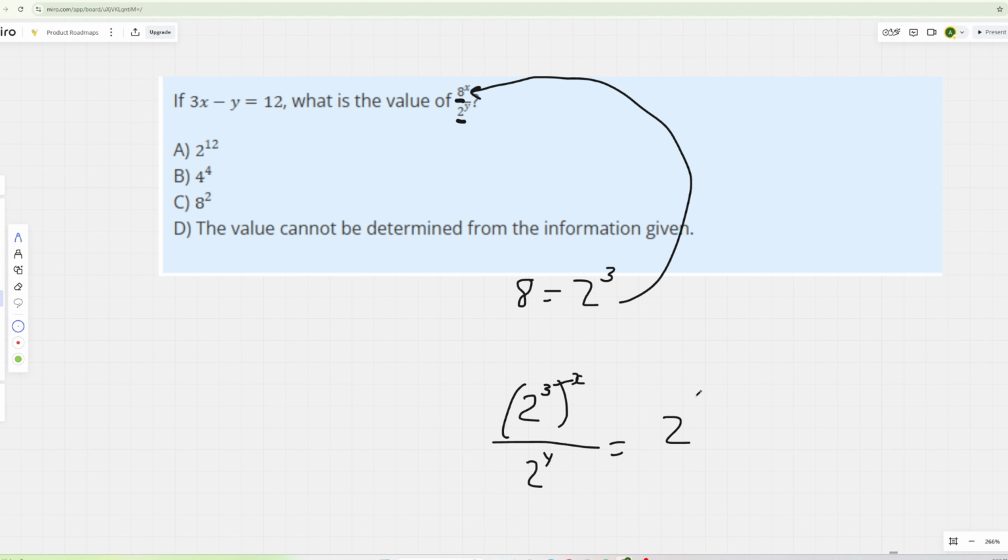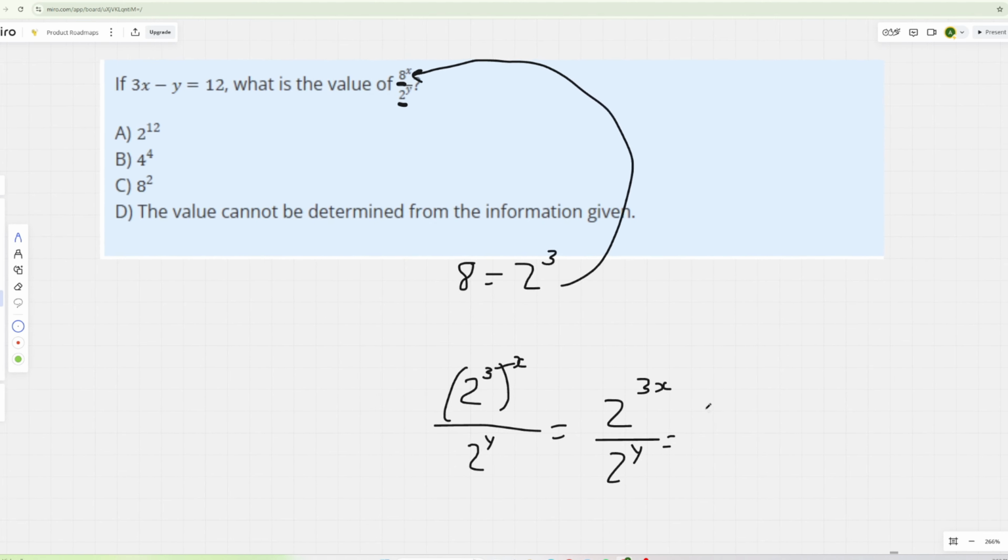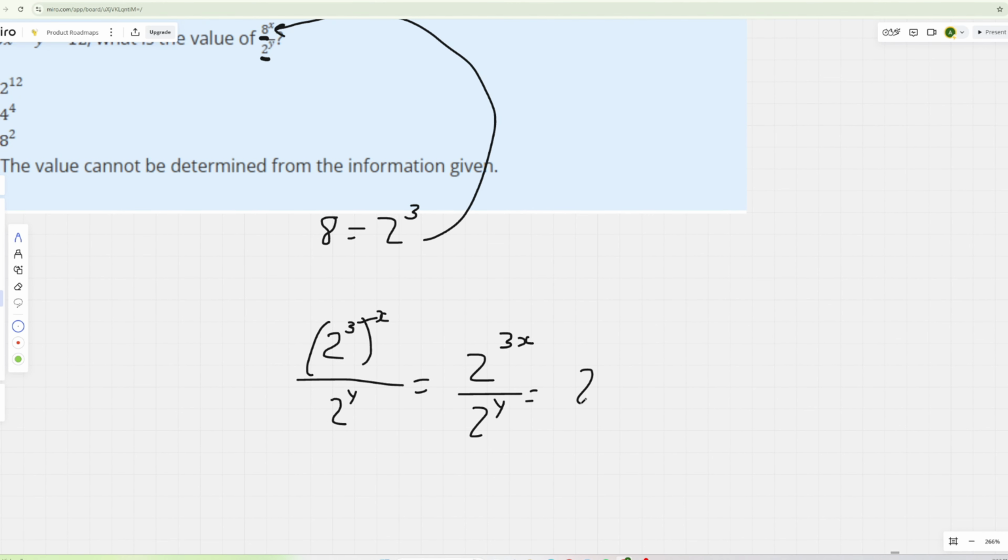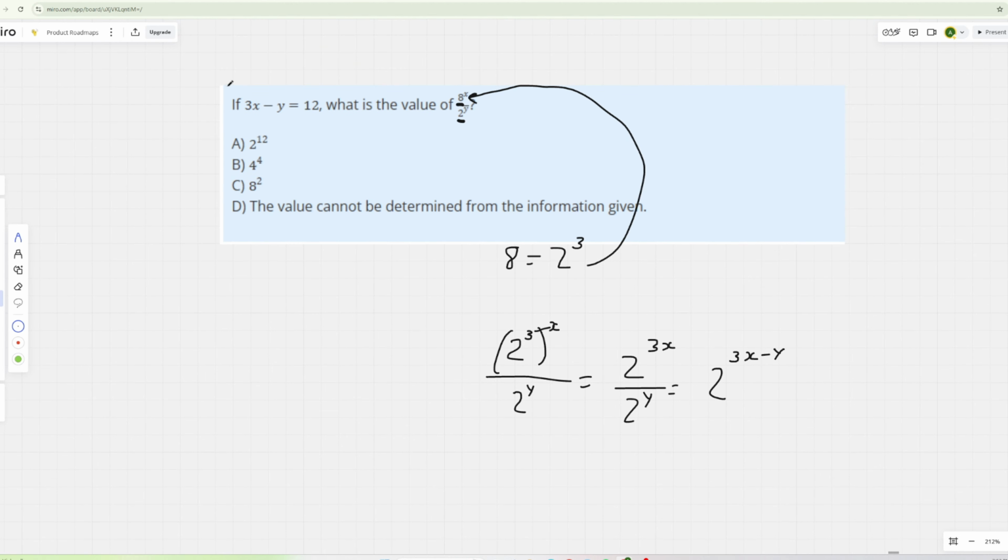So just 2 to the 3x over 2 to the y. And again, use the exponent rule of division. I have 2 to the 3x minus y, which is what they gave us here. 3x minus y equals 12. So this is just 2 to the 12th. That is answer choice A.